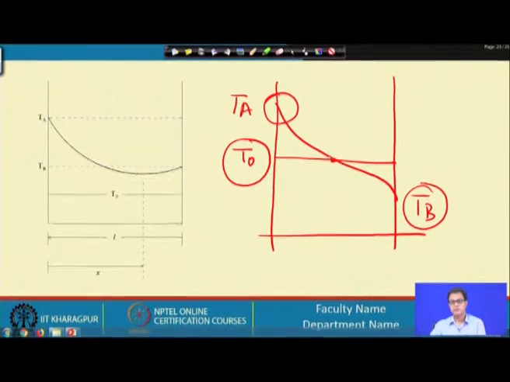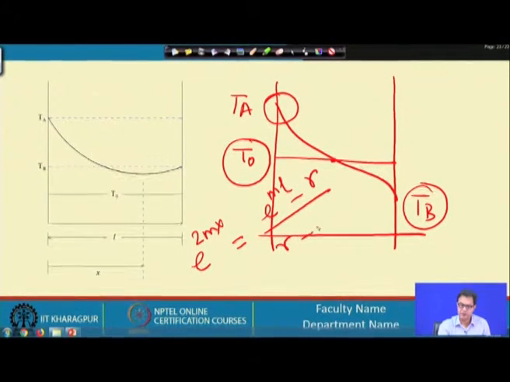At some point in between, we have said that e to the power 2mx equals e to the power ml minus r by r minus e to the power ml. That is what we have found for the fin equation where we got an extremum.